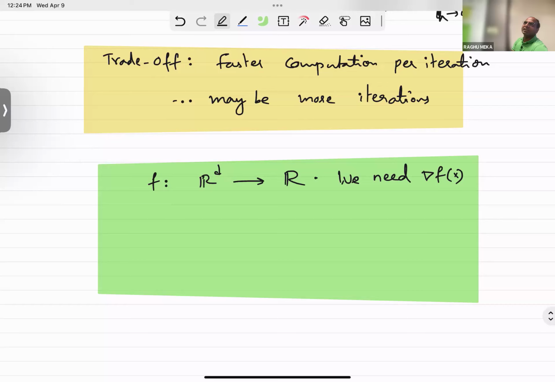Let's say I have an estimator for the gradient.